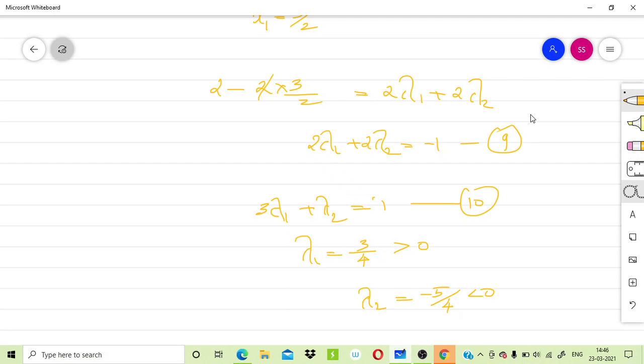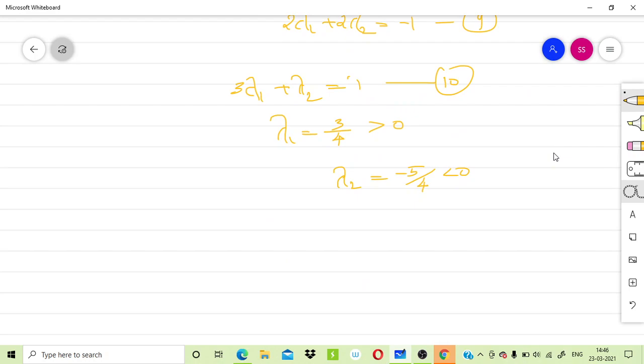Okay, so hence we got lambda 2 negative, so this is the violation of KT condition d, which describes that lambda i must be non-negative, greater than or equal to 0.